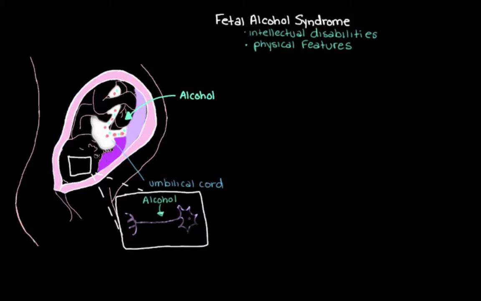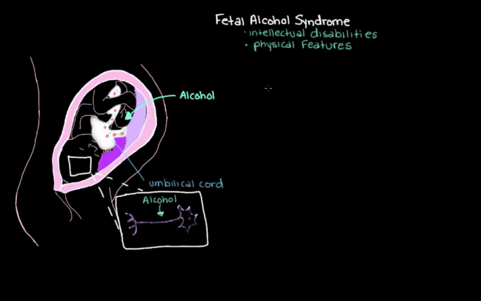These networks that neurons use to communicate with each other so that our brain can function and do its job. So what we think is happening is that the neurons in the brain of our fetus here, when they die because of exposure to alcohol from mom, the brain isn't able to grow and develop normally. And that's what causes the intellectual disabilities that we see in someone with fetal alcohol syndrome.